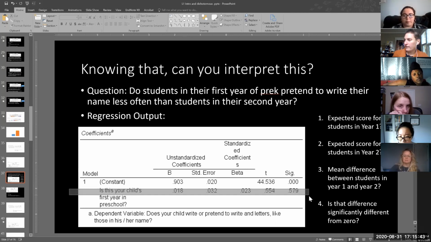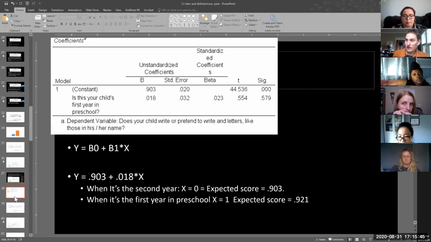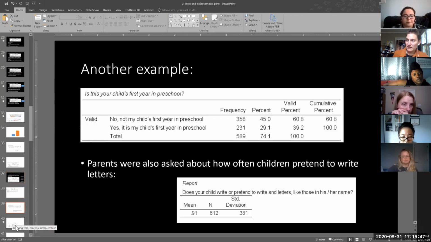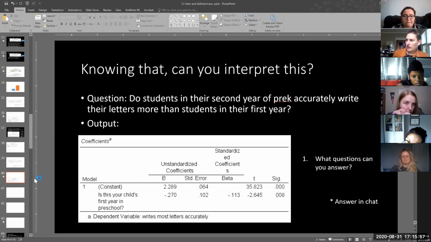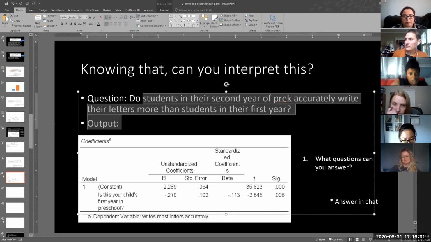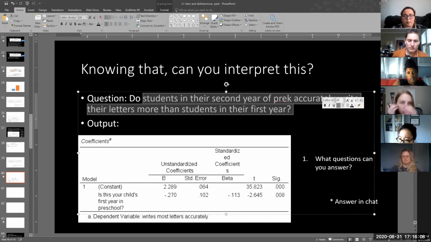Okay, so I have another example, which is the same idea. This is literally the same question, it just has a different outcome this time. Instead of being about frequency, this is now how accurate are the letters they write.